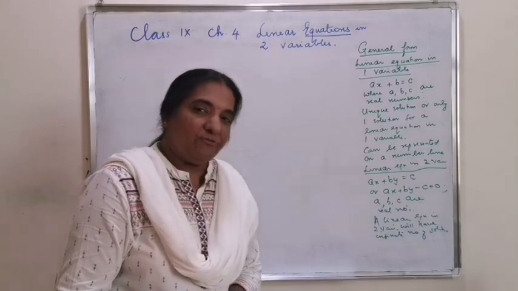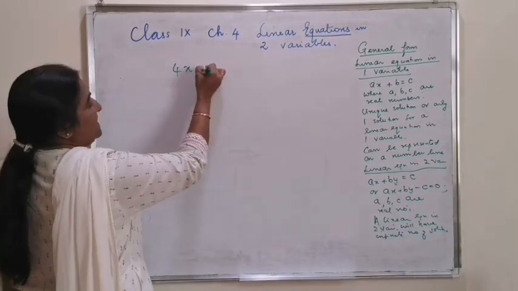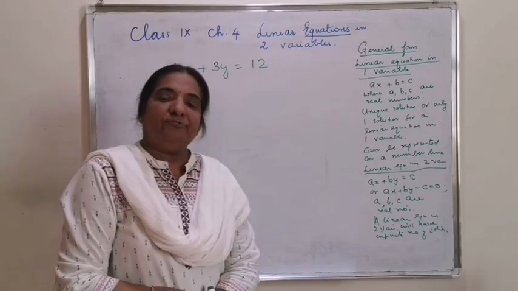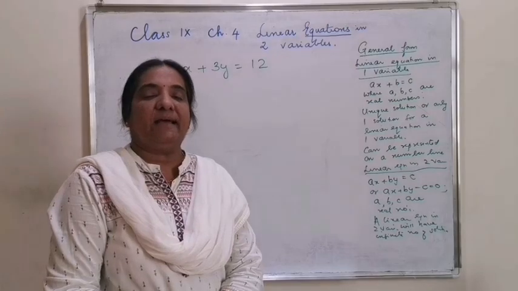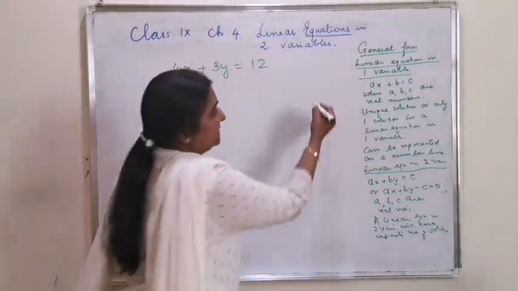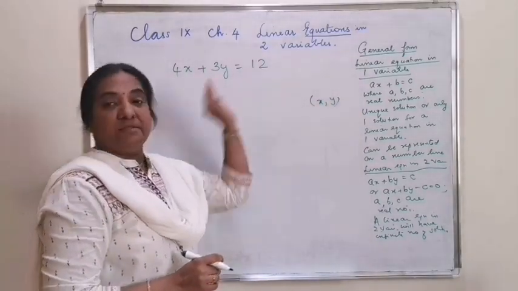Take an example of another linear equation, 4x plus 3y is equal to 12. Let's confirm that this equation also will have infinite solutions, or there are infinite pairs of x and y which will satisfy the equation.